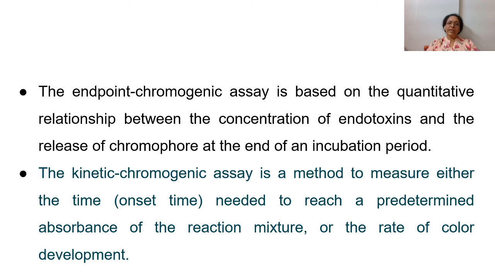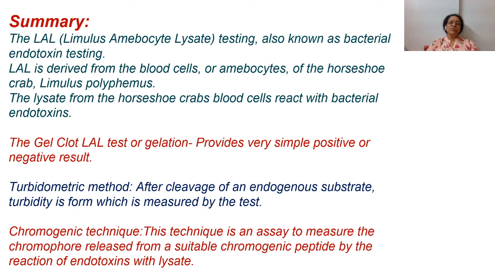On that, one can plot the results of their test samples and find out the exact endotoxins present in the sample. The kinetic chromogenic assay is a method to measure either the onset time needed to reach a predetermined absorbance of the reaction mixture, or the rate of color development. So in this way, the LAL test can be performed by the gel clot method, the chromogenic method, and the turbidity method.